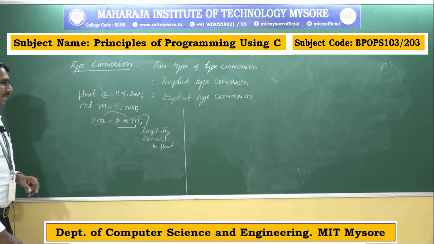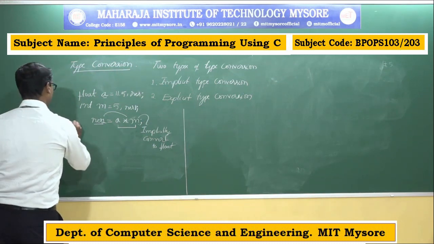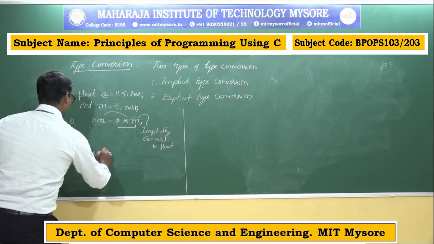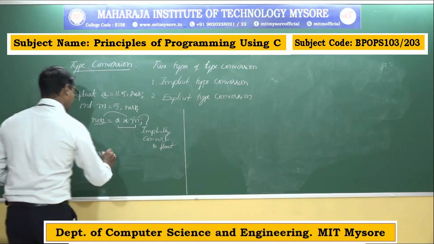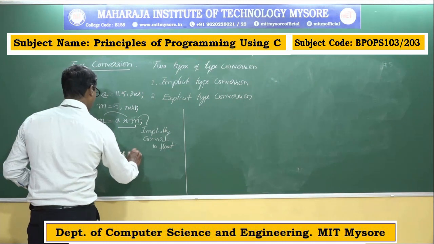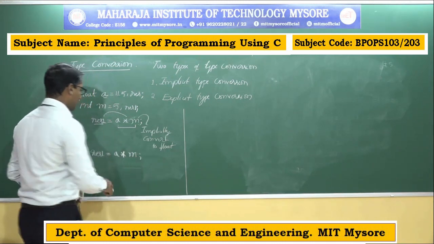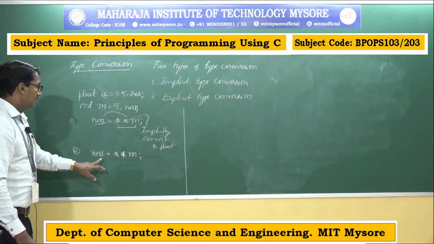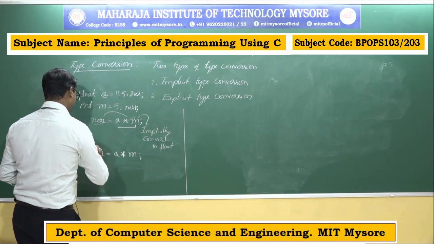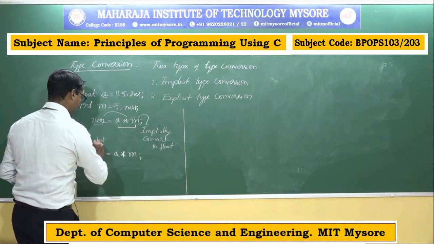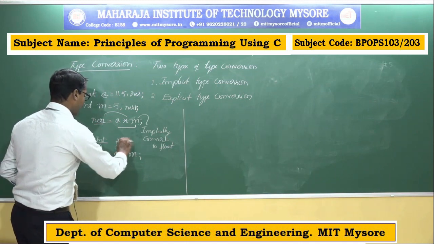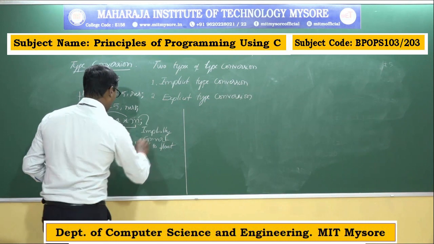Similarly, consider res1 is equal to a into m, but here res1 is of integer type, a is float and m is integer.